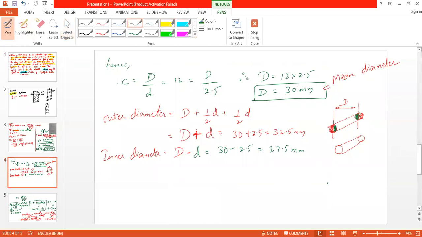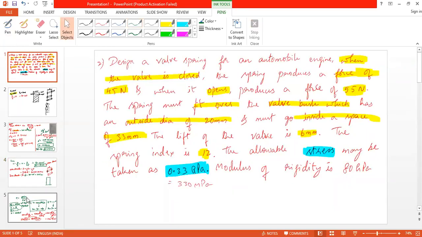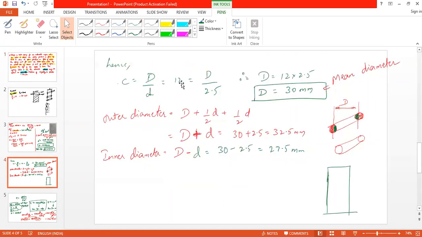Sir, you are not audible. Okay. Here the meaning is the spring has to go inside a bush of 20 mm. The outside diameter of the bush is 20 mm.